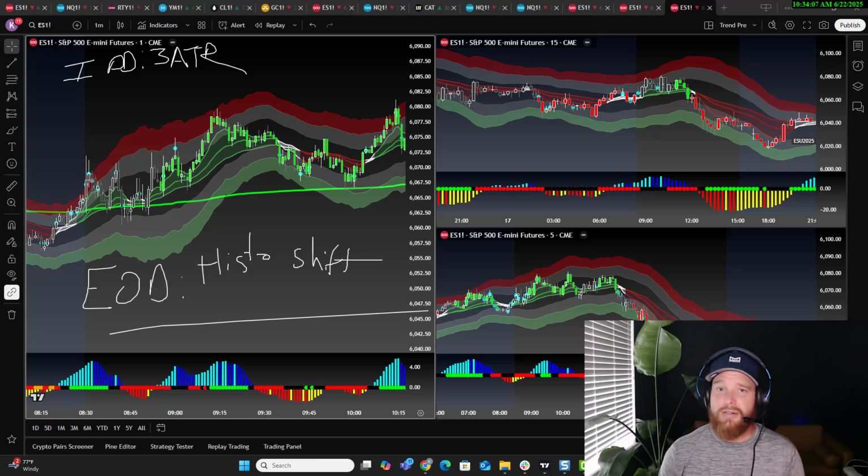If you're doing end of day drawdown, same thing, except you can allow it to play out waiting for that histogram shift to hold. This will allow you to hold on for large moves throughout the day. And that's just a little pro and con of each one. That's really good for trend traders that really want to hold on till a trend changes, and it also offers opportunities to add to your position and adjust your stop without having any repercussions.